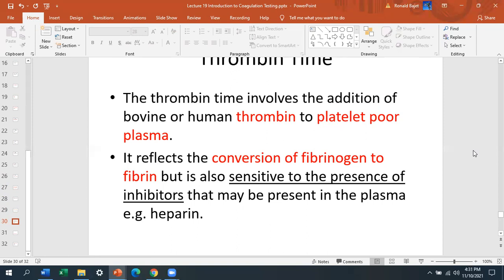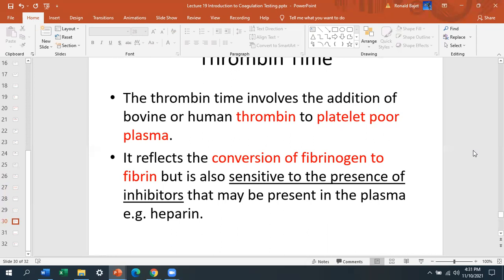Okay, so the thrombin time is sensitive to the presence of inhibitors. Inhibitors are important to know, especially if they're there, because one way to determine if you have a factor deficiency, and that's like a congenital disorder. If you're missing factor 7, for example, you suspect that factor 7 is missing, you run a prothrombin time, and then you run it again by adding known factor 7.